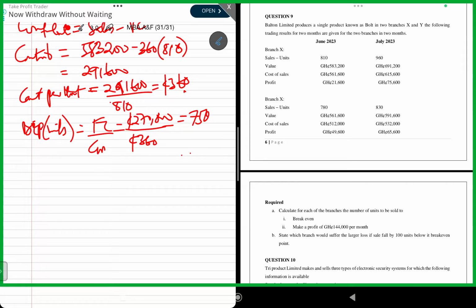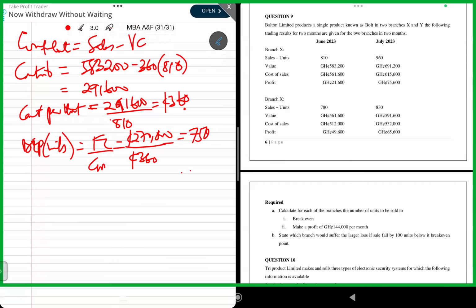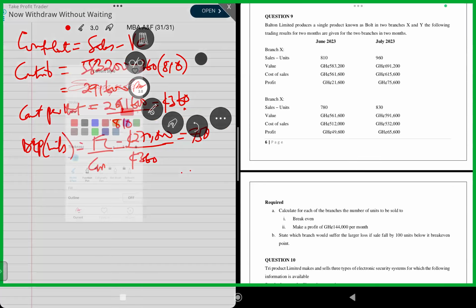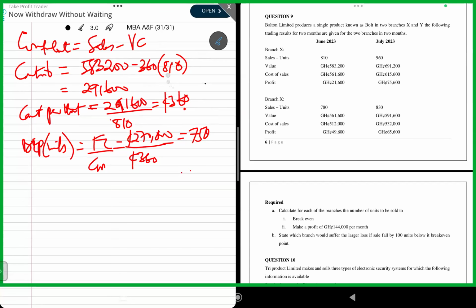But in what you wrote, 583,200 minus, in brackets, 360 times the 810. So I thought maybe you are supposed to deduct it from the sales. So you multiply all this, but we didn't deduct it. You do all together on your calculator. It will give you 291,600. No, it's this one alone that is giving the 291,600. Subtract everything.